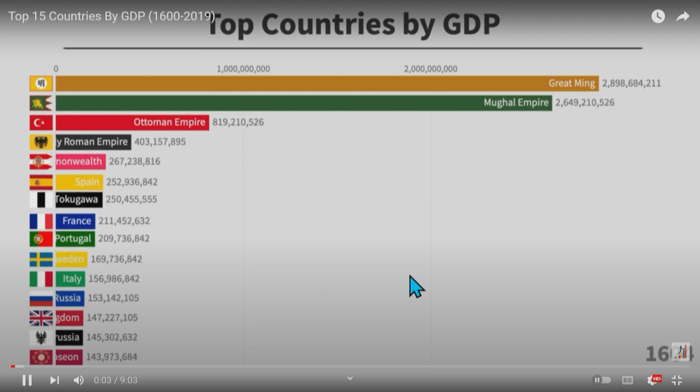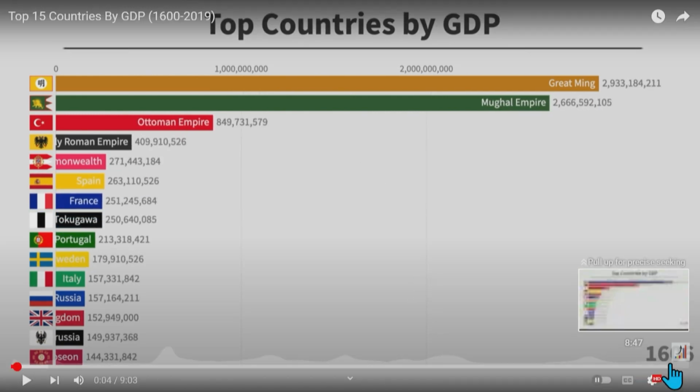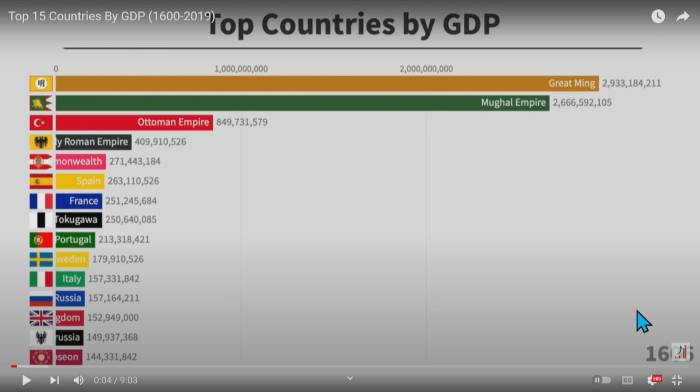So this is in the very beginning. This is around 1606, more than 400 years ago. The richest country in the world, the richest area in the world, is China, the Great Ming, and then this is India.